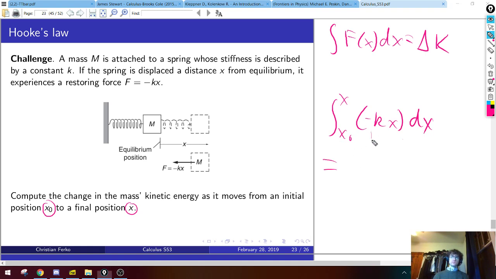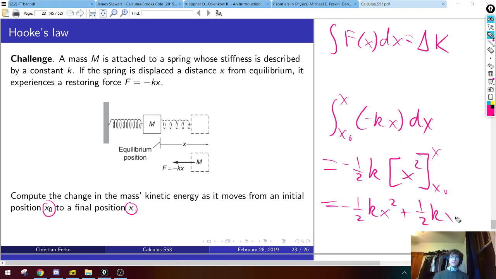That is equal to 1/2, well, negative 1/2 k x squared, with the x squared in brackets. And then when I evaluate, what do I get? 1/2 k x squared minus 1/2 k x0 squared.